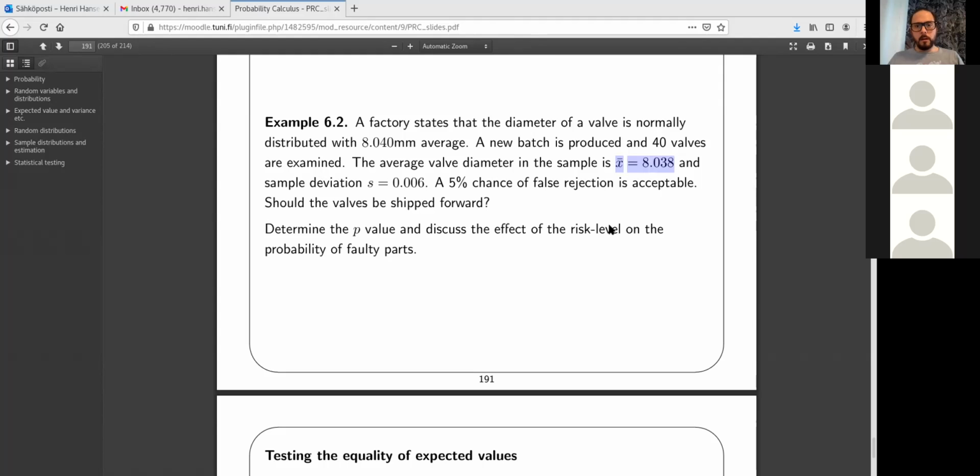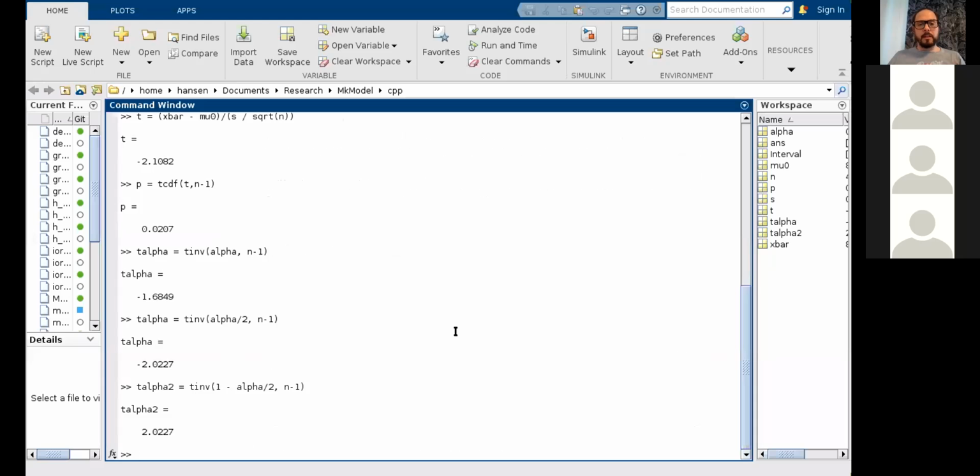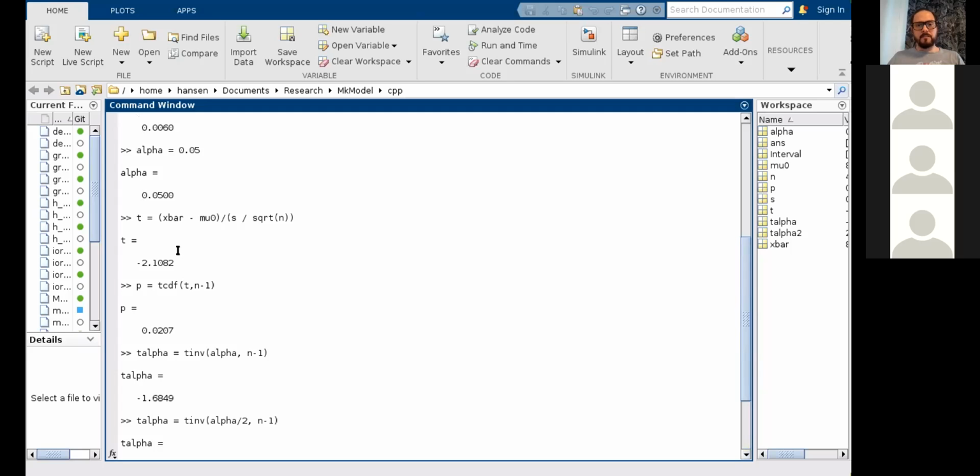So what I did here, when I calculated this t-value, this is like the normalized version. If the expected value was mu and everything was normally distributed like we assumed, and the variance is the same as before, then with this idea we get a t-value, which is the test statistic.